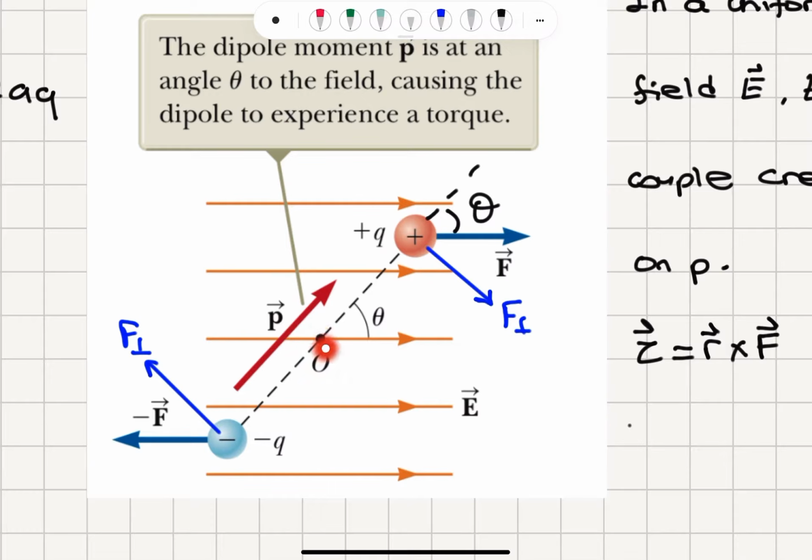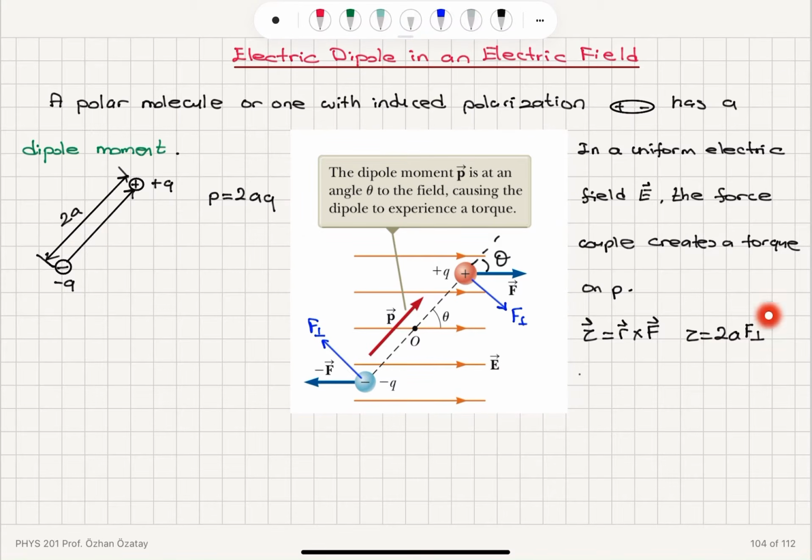So it will rotate with respect to this axis that goes through the middle of the dipole. And A times F perpendicular is the torque due to this one. A times F perpendicular is the torque due to the bottom force. So we have total 2A F perpendicular. So that's going to be torque equals 2A F perpendicular.